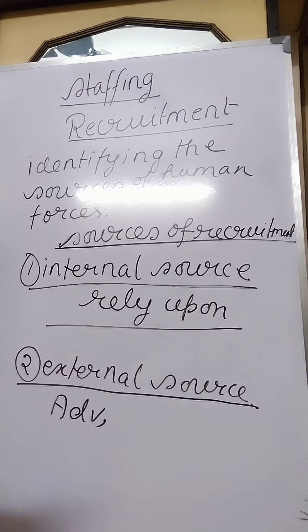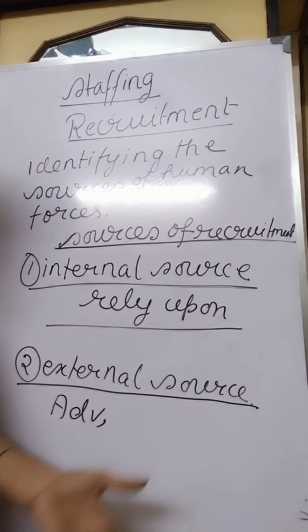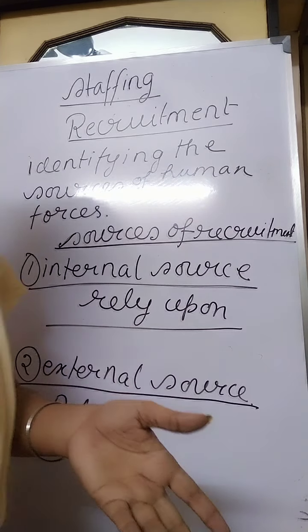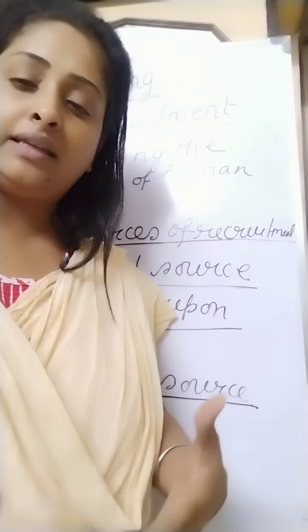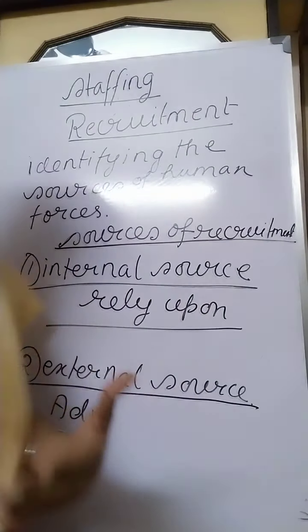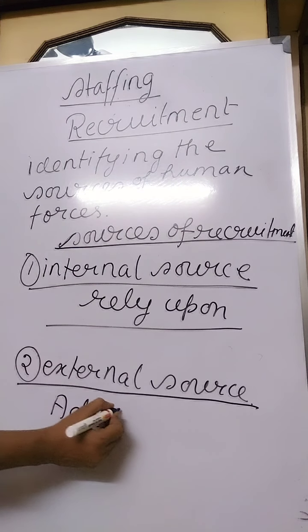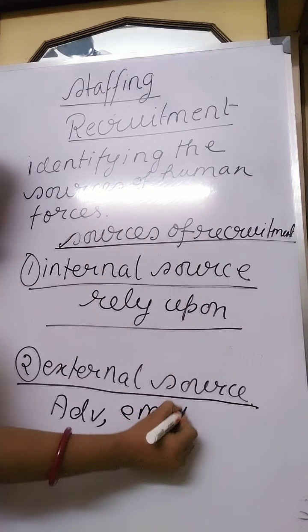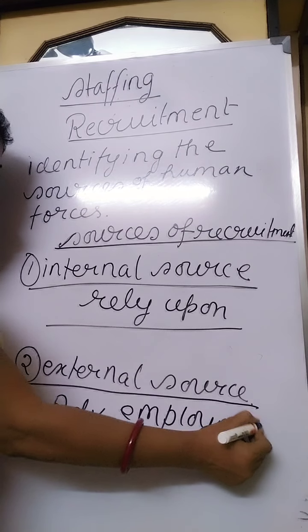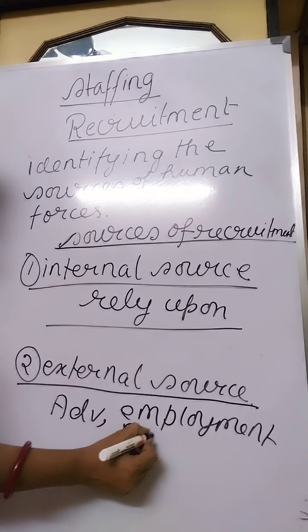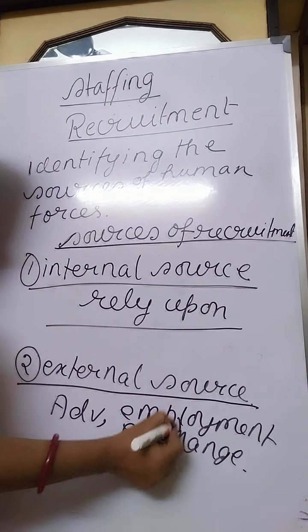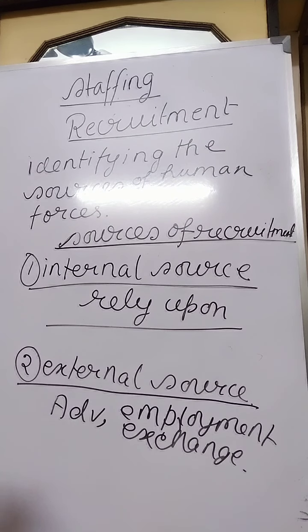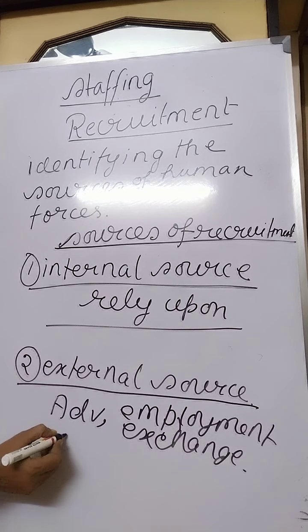They can advertise for vacancies through newspapers, professional journals, radio, internet, television, magazines, etc. Also employment exchange, which is outdated nowadays but still exists, is another external source of recruitment. Apart from this, there are also educational institutions, college campuses, professional bodies and labor contractors.